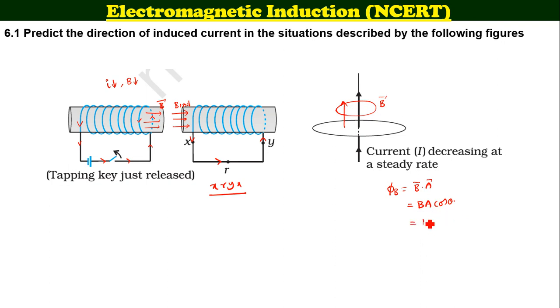BA cos 90, and cos 90 is 0. Once the flux itself is 0, the induced EMF according to Faraday's law, which is minus d phi B by dt, will also be 0. If induced EMF is 0, then induced current will also be 0. Therefore there will be no induced current here. Induced current I induced will be 0 in this loop.